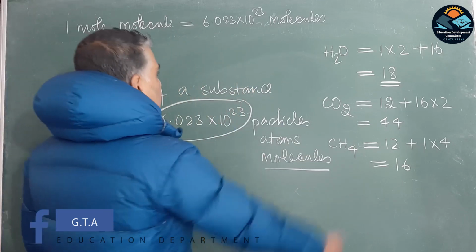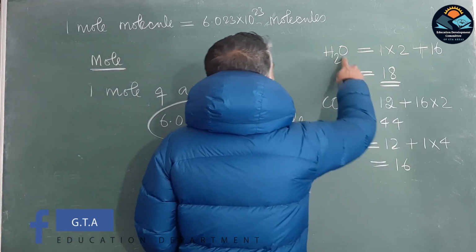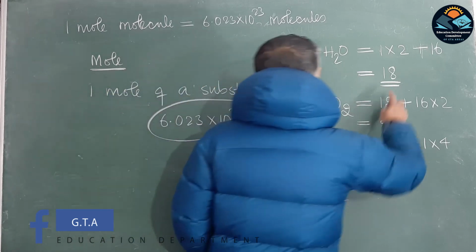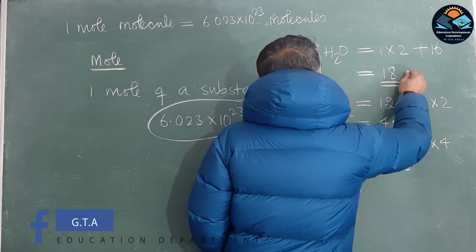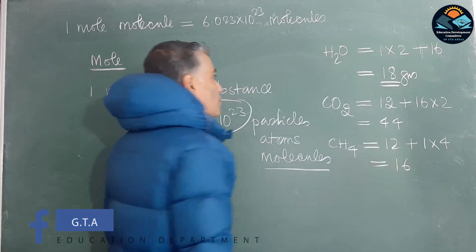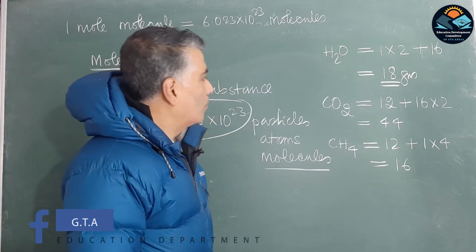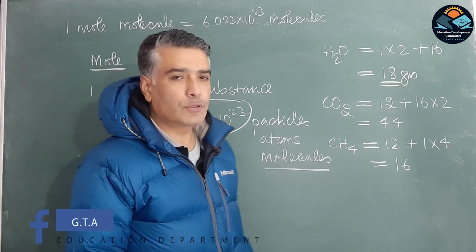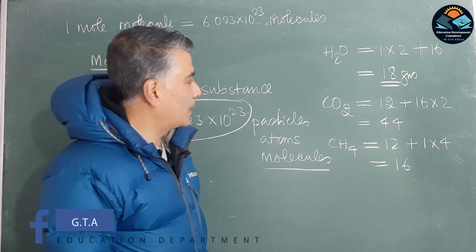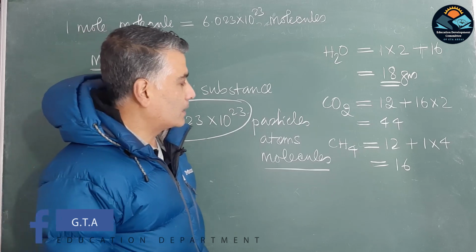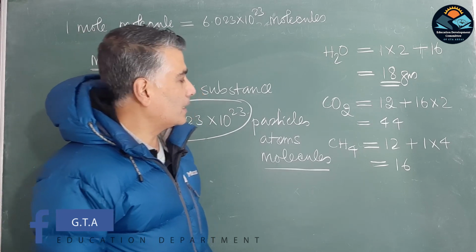But if you take these substances, for example, I wanted to take water, but how much? Whatever is the molecular mass, same amount in grams. So molecular mass of water is 18, so I'll be taking 18 grams of water. Molecular mass of carbon dioxide is 44, so I'll be taking 44 grams of carbon dioxide. Molecular mass of methane is 16, so I'll be taking 16 grams of methane.